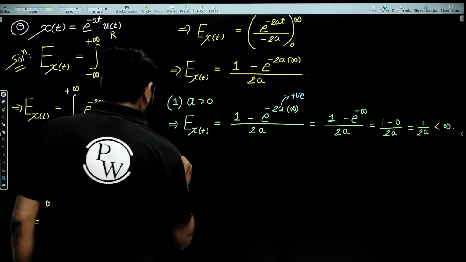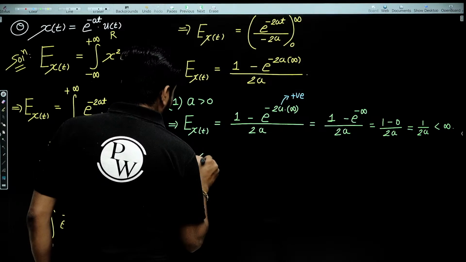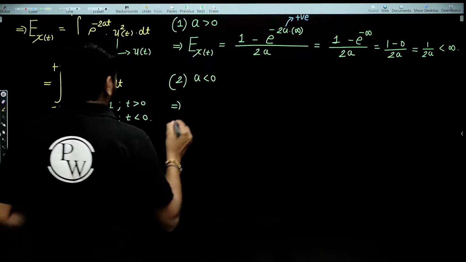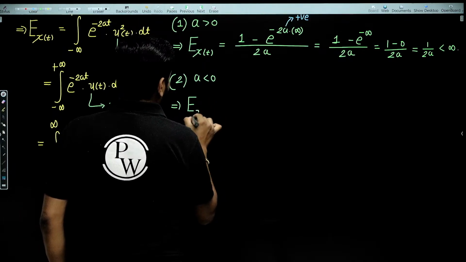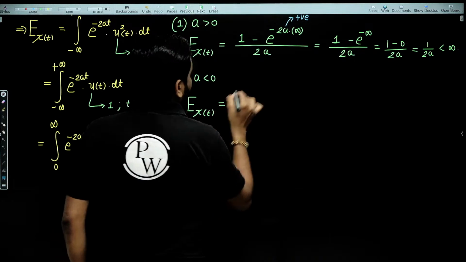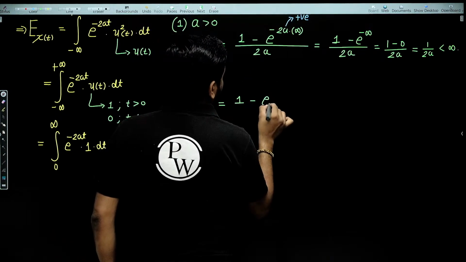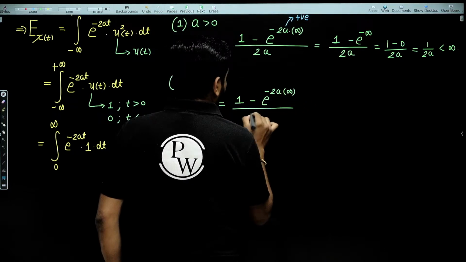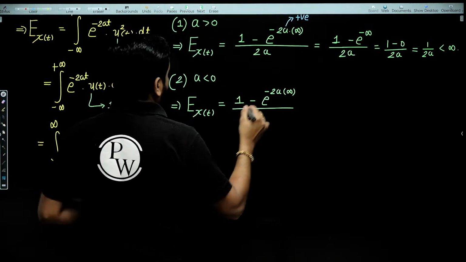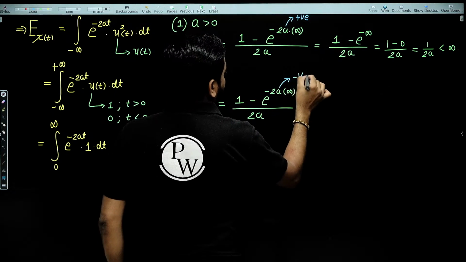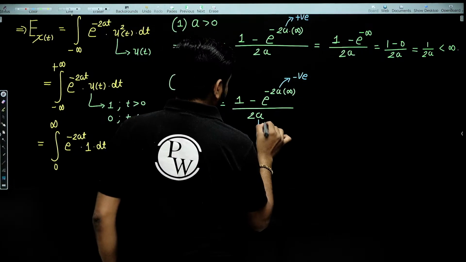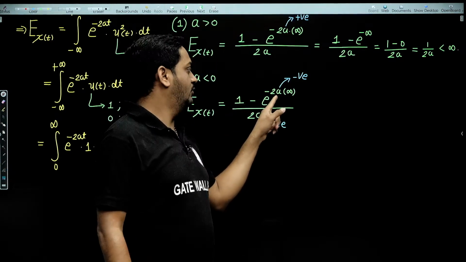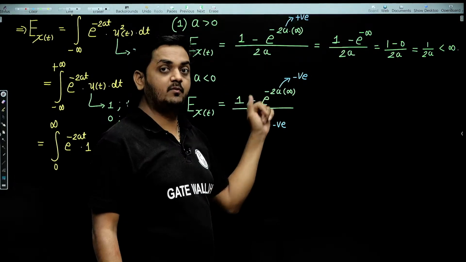And the second case: if a is negative, then the energy of x of t will be 1 minus e to the power minus 2a to infinite, divided by 2a. Now here a is negative. If a equals, suppose, minus 2, then minus minus becomes plus, so we get e to the power plus infinite.